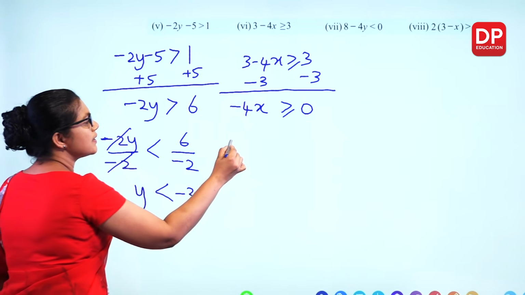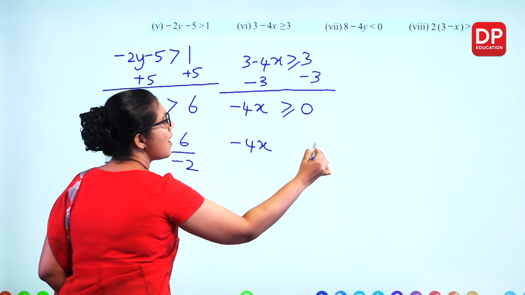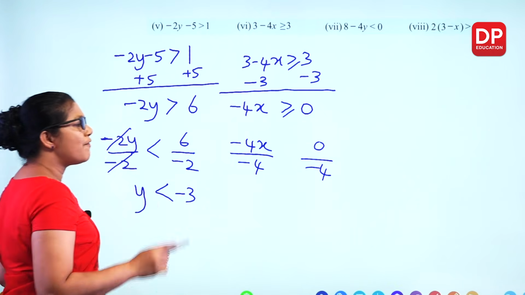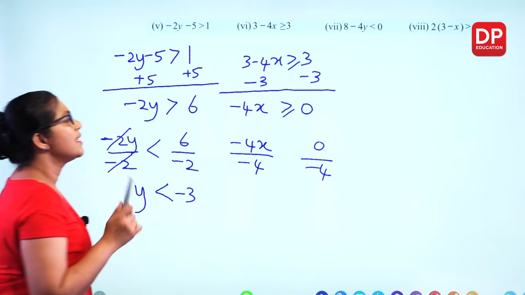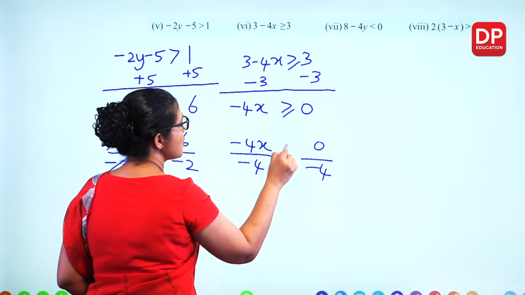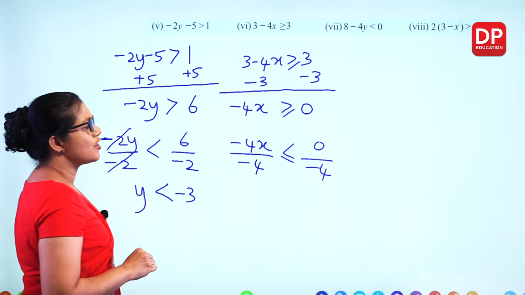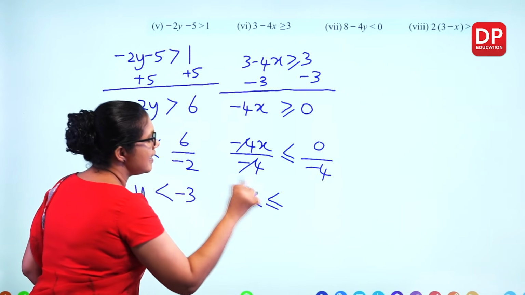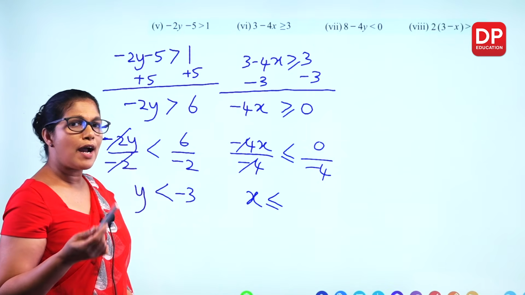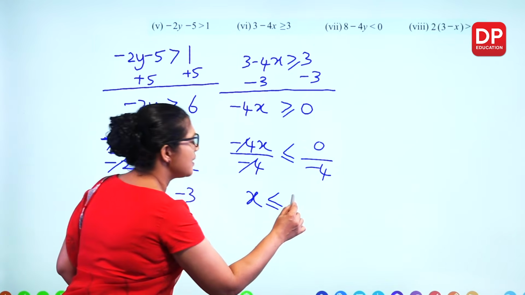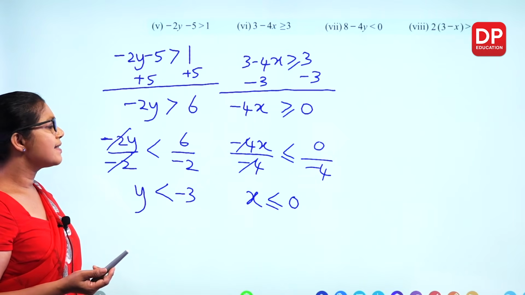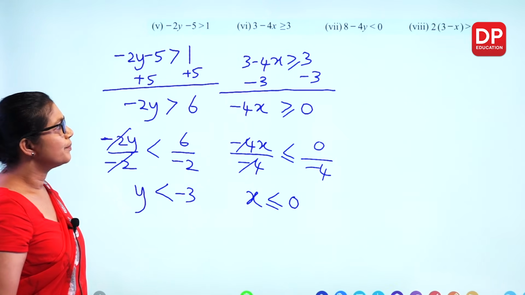Now we need to divide this by minus 4. When you are dividing by a negative, the sign changes. So you have to change the sign. So what happens here? X less than or equal to 0 divided by any number is 0.